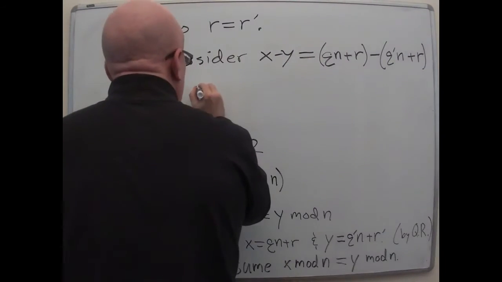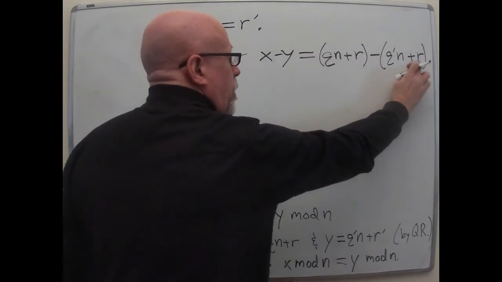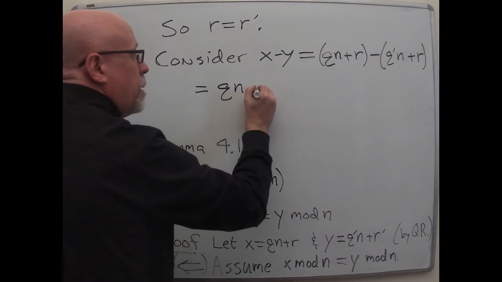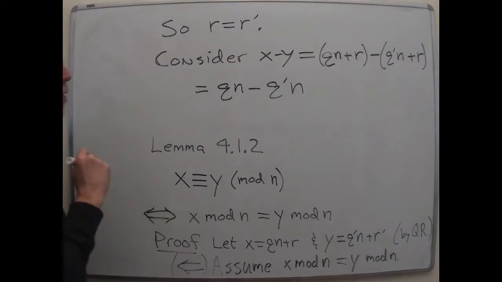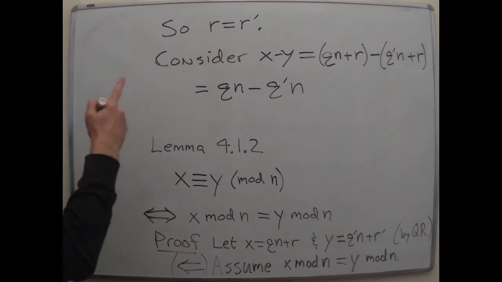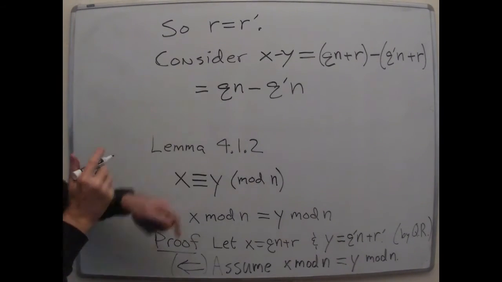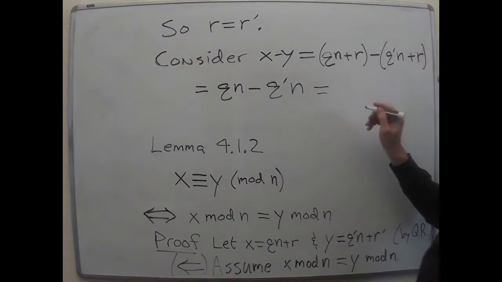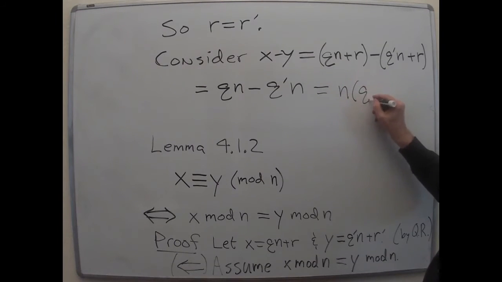And that means that when we have an r here and a minus r there, they go away. So what we have there is just qn minus q prime n. And finally, I want to show that that number is divisible by n, and it's actually pretty clear, isn't it? You can factor an n out of both sides of that, and you get an expression that looks like n times an integer.